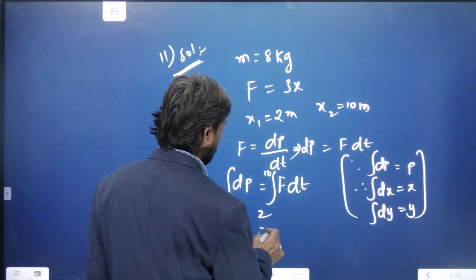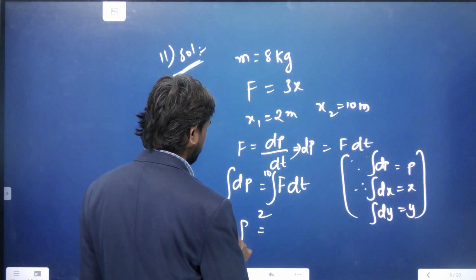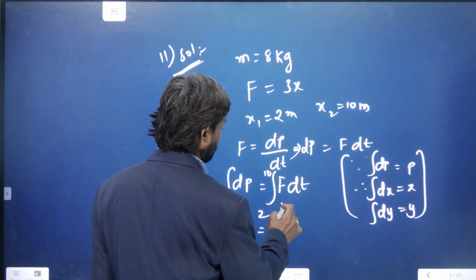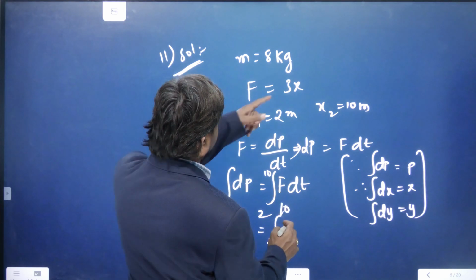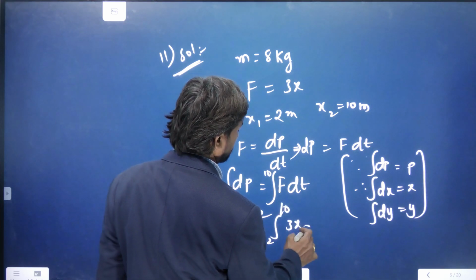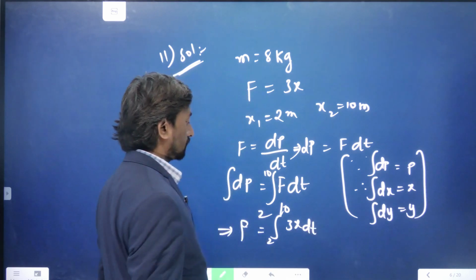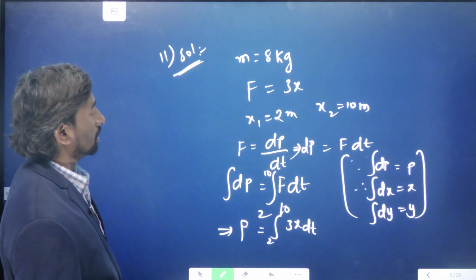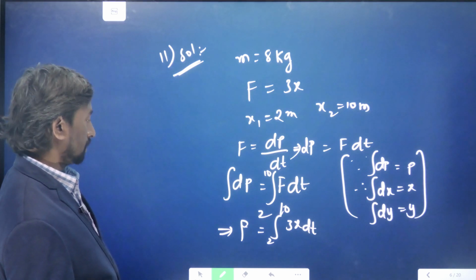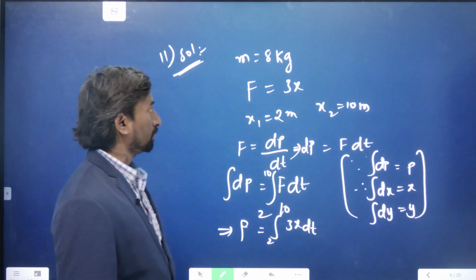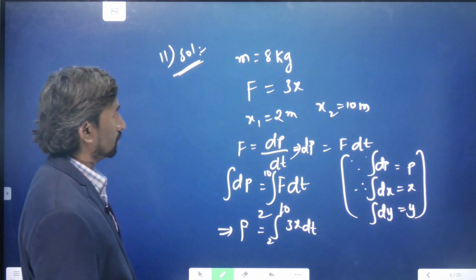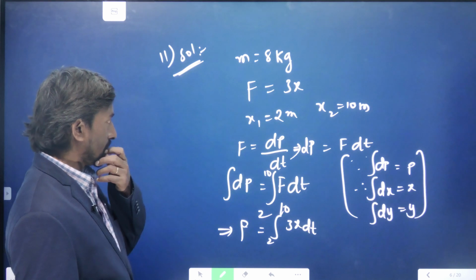So now this is P, and here the integral from 2 to 10 of F, whose equation is 3 into x into dt. But here we have it in terms of time, while it is given in terms of distance.